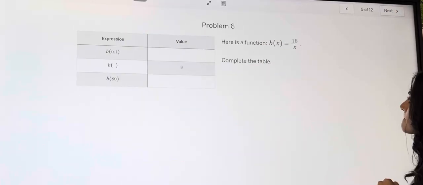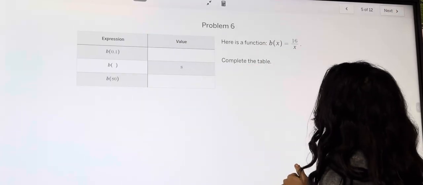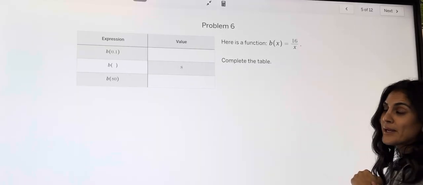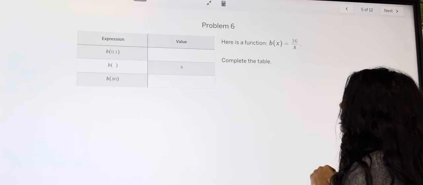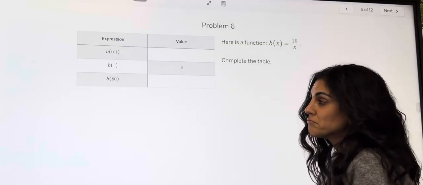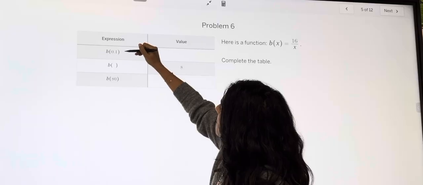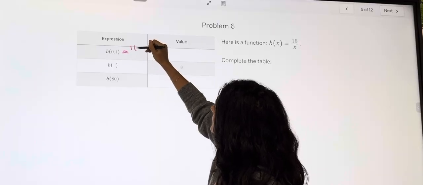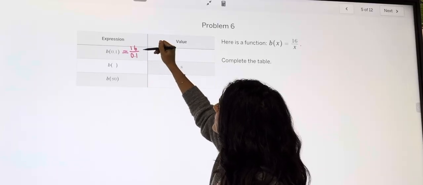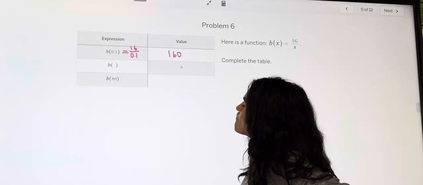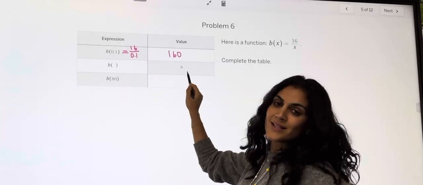All right. Now we have a function b of x. B of x is 16 divided by x. They want me to complete this table. Okay, so b of 0.1 means 16 divided by 0.1, which is 160, right? They want to know b of what is 8.